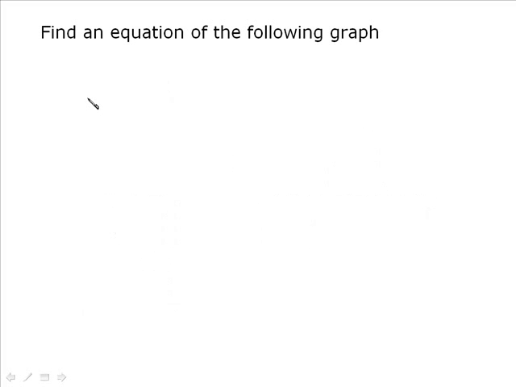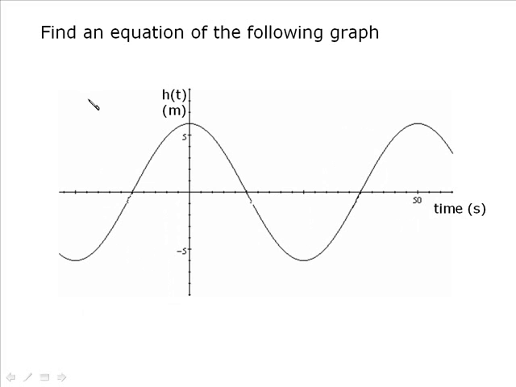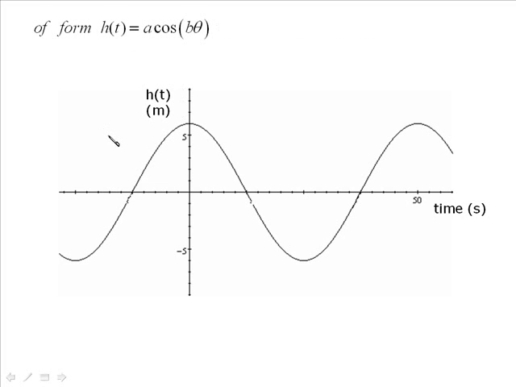To get used to that conversion, let's start by finding an equation of the following graph. H at t, the height, is the y-axis, and the time is in seconds on the x-axis. You don't have a lot of information with this one, but we do have enough that we should be able to find this in its easiest form as a cosine curve.